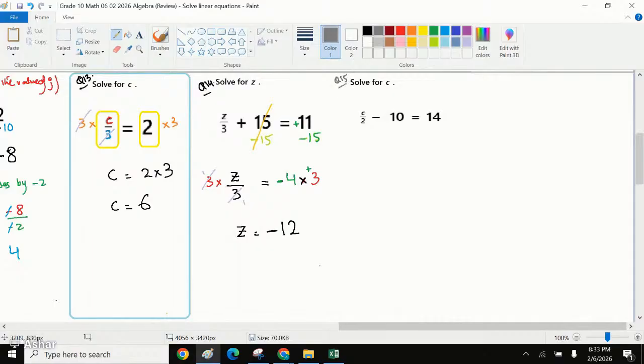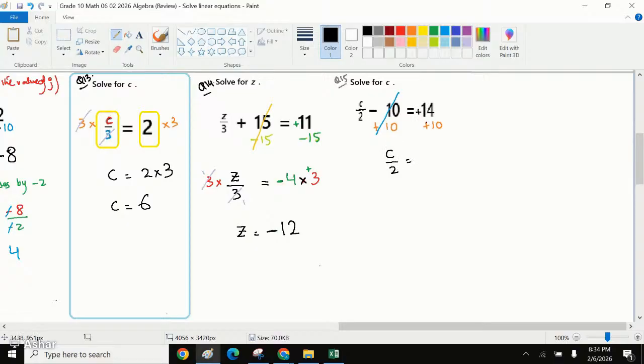So question number 15 says c upon 2 minus 10 is equal to 14. So we know that the variable c is divided by 2 and we have a minus 10, that is not part of the fraction. So can we add plus 10 on either side to remove this 10? That means minus 10 and plus 10 would become 0 and we are left with c upon 2.